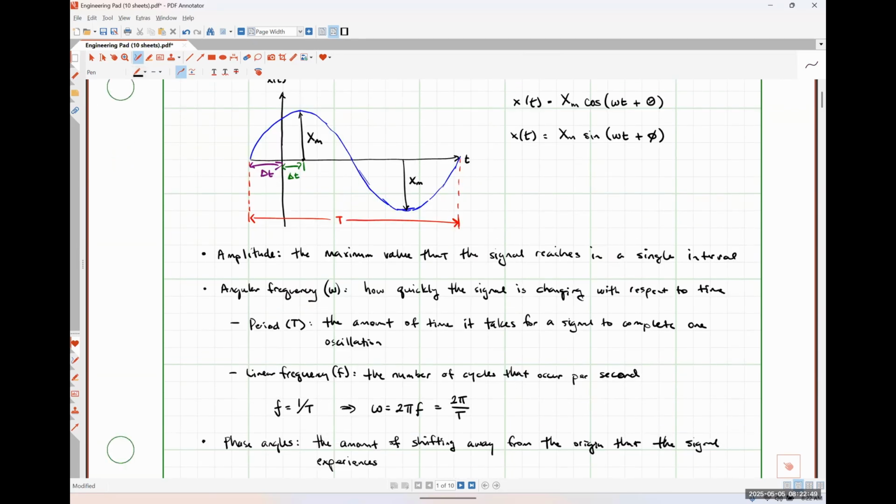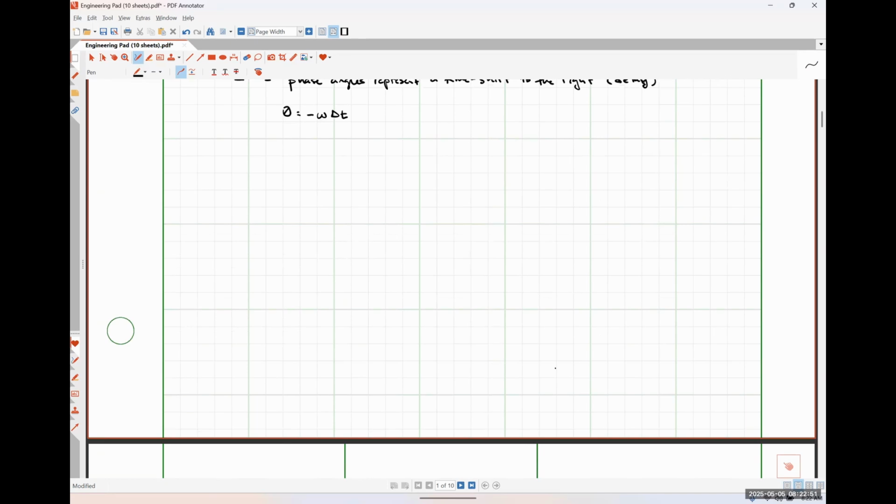All right, so at times, we are going to need to compare sinusoidal signals. So when we compare sinusoidal signals, there are three basic rules that we have to abide by in order for our comparison to make any real sense, okay?